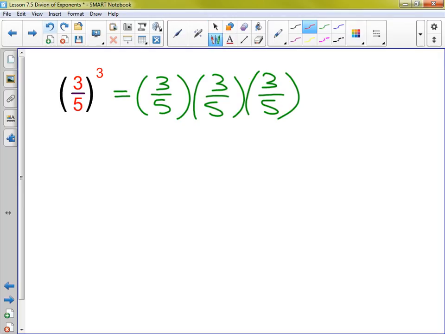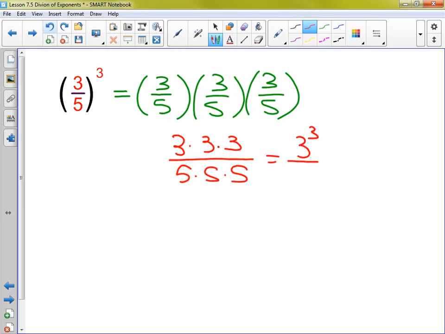You could also rewrite it as 3 times 3 times 3 over 5 times 5 times 5. And that equals 3 to the third over 5 to the third. And that equals 9 times 3, 27, over 125.